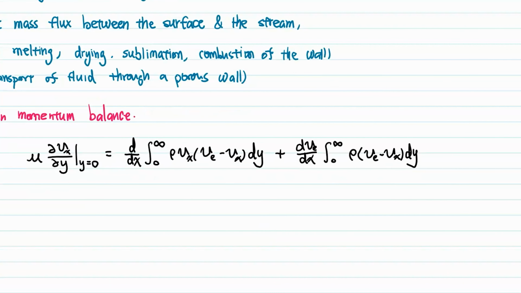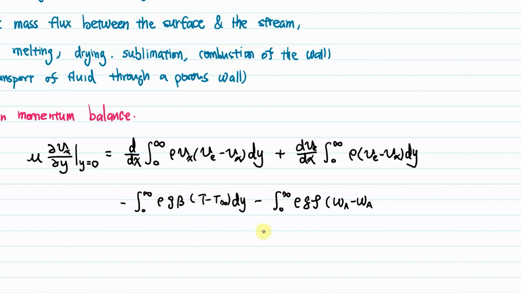But we have two additional terms here, or actually three. So we also have the buoyant term, so let's put that into consideration. So 0 to infinite, rho g beta t minus t infinite dy minus the buoyant term from concentration gradients, so rho g and the coefficient times WA minus W sub A infinite dy. And finally we have the rho V naught VE, right?